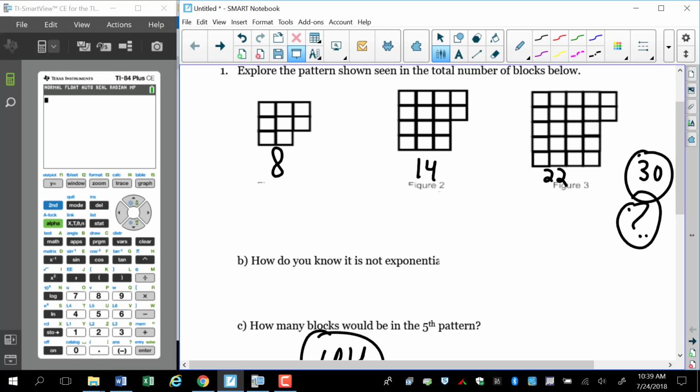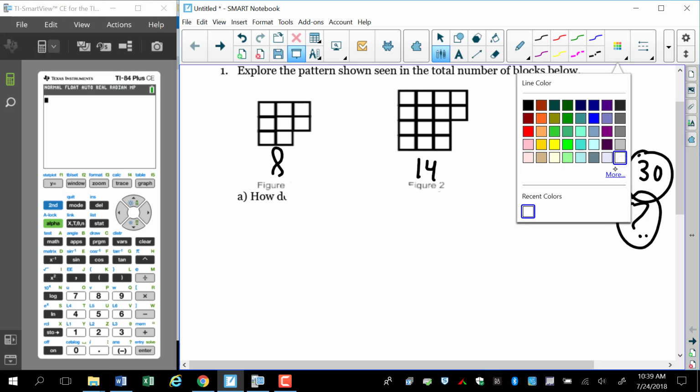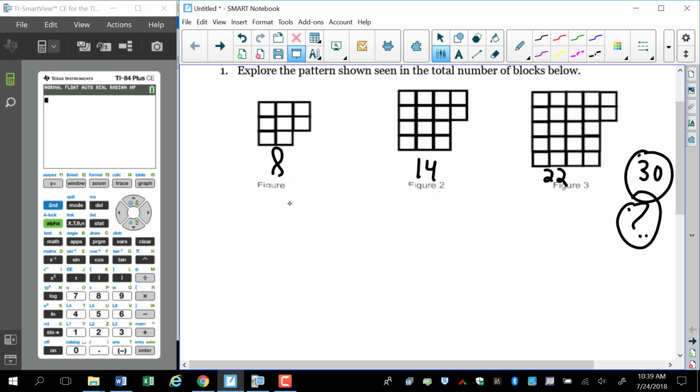So what I'm going to do here is I'm going to cover all this stuff up. That way we can work on this here, because we have, in this situation here, a number of different ways that you could solve this problem. And I don't want you to think that there's only one way to do this. So we're going to look at a couple different ways to solve this problem for the 30th figure.